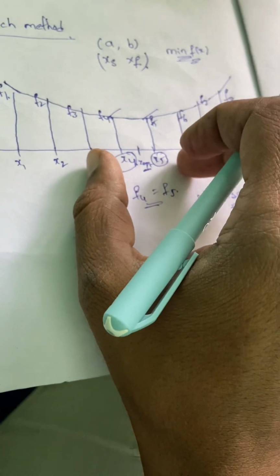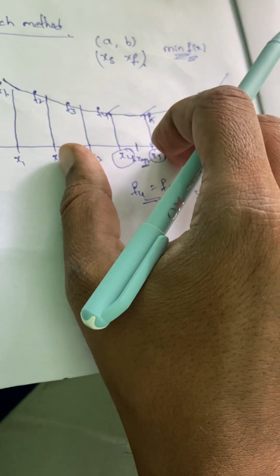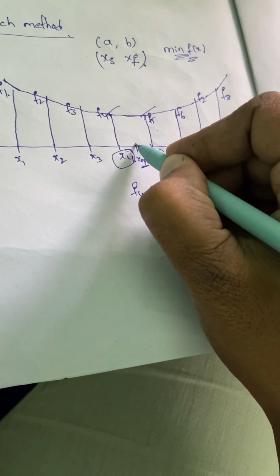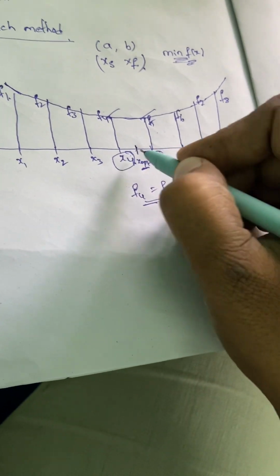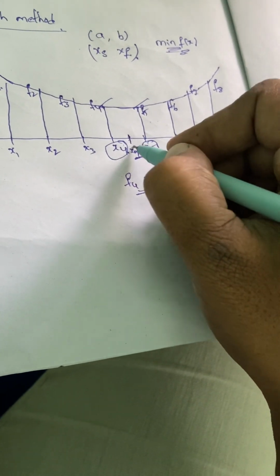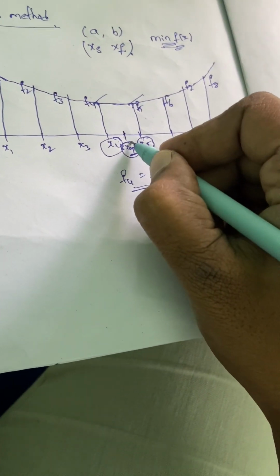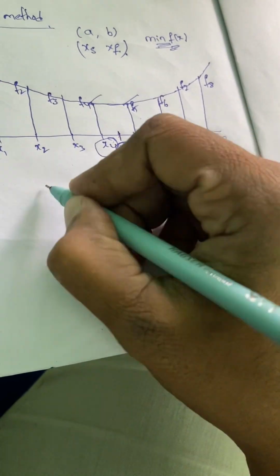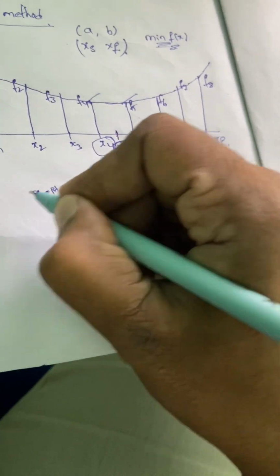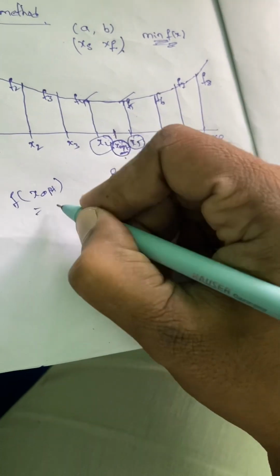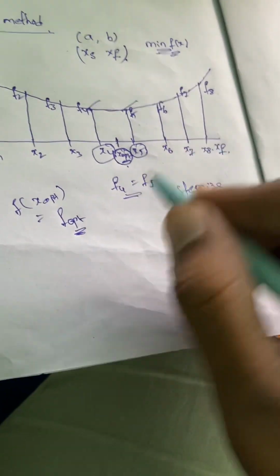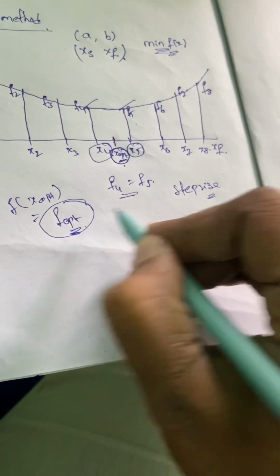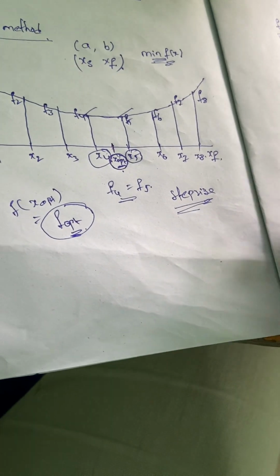When two experiments have the same functional values, our optimum point is going to lie between these two experiments, that is called x optimum. We are going to evaluate the function f of x optimum and get the f optimum value. This f optimum value depends upon the step size which we consider.